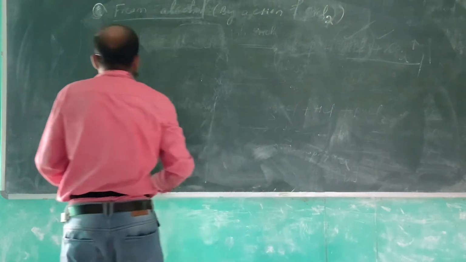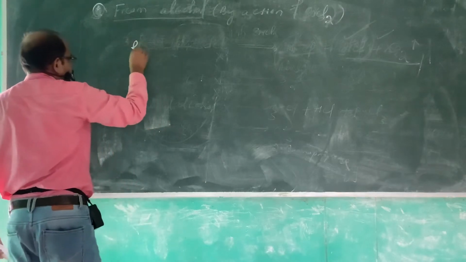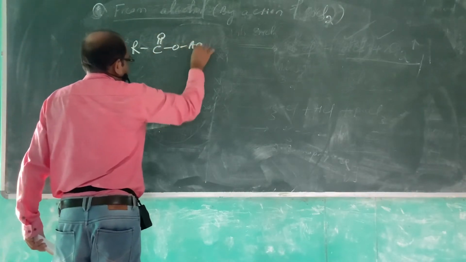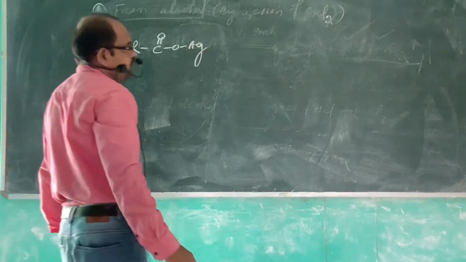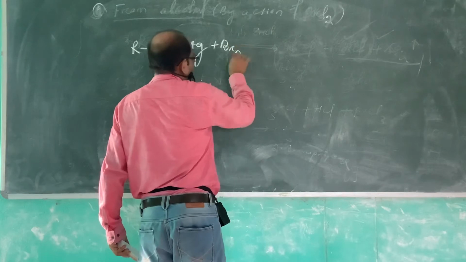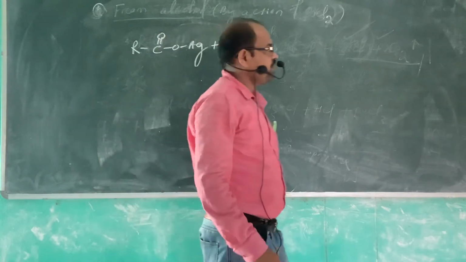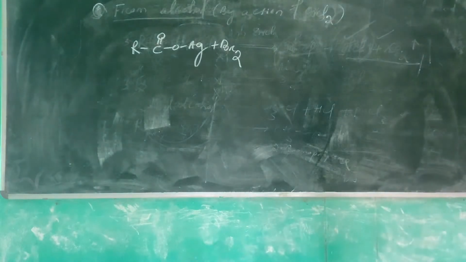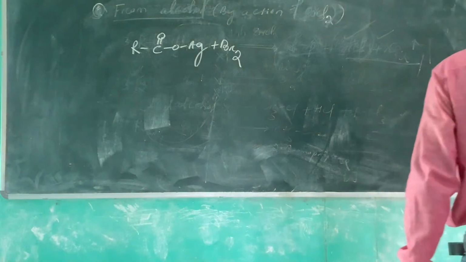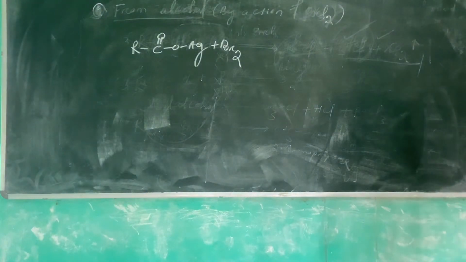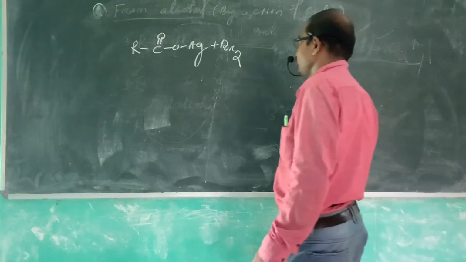When silver salt of carboxylic acid reacts with bromine, Br2, in presence of CCl4, it produces the corresponding alkyl bromide. This reaction is called Hunsdiecker reaction.